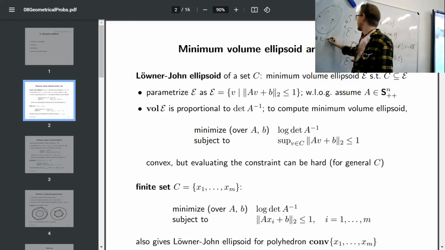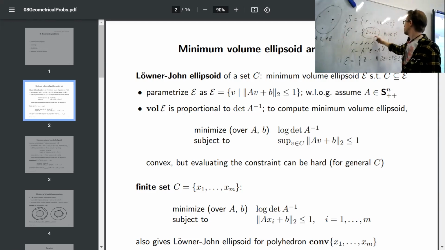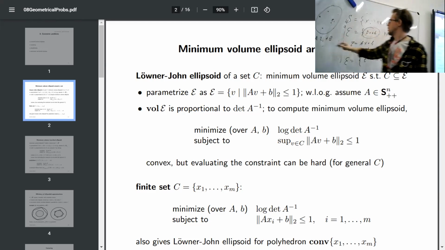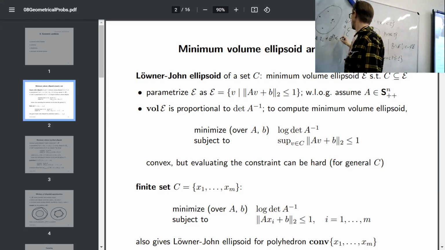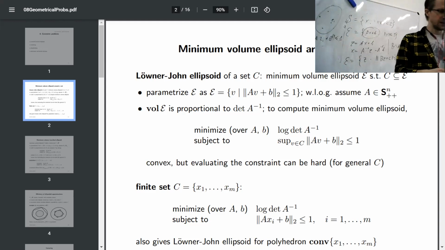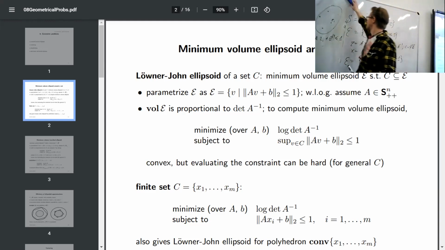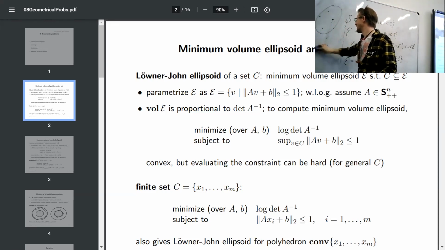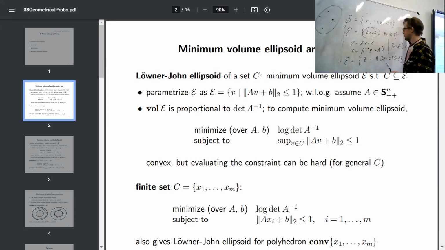Yeah, A r_i plus e should be less than 1. Is that correct? And at least that's what follows from the slides here, right? Oh, wait a second. No, sorry, I misread the slides. Let me try not to mislead you. What we're going to use is this. Sorry about that. We're going to use this representation.